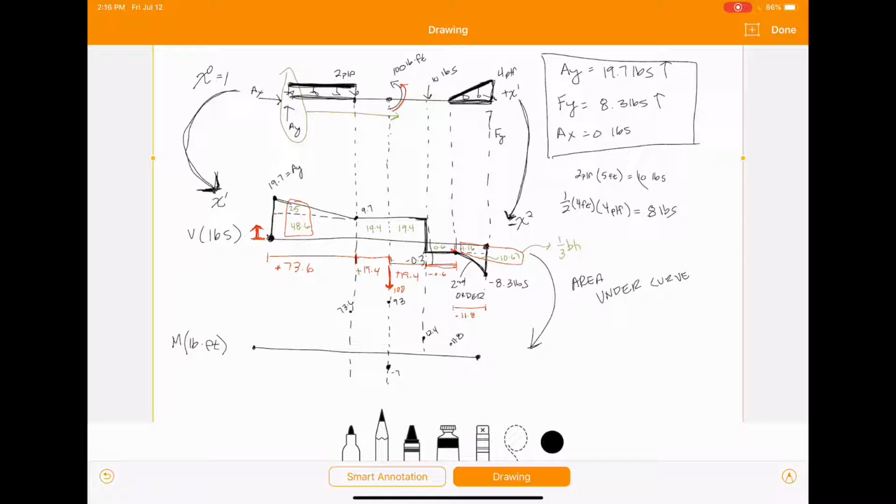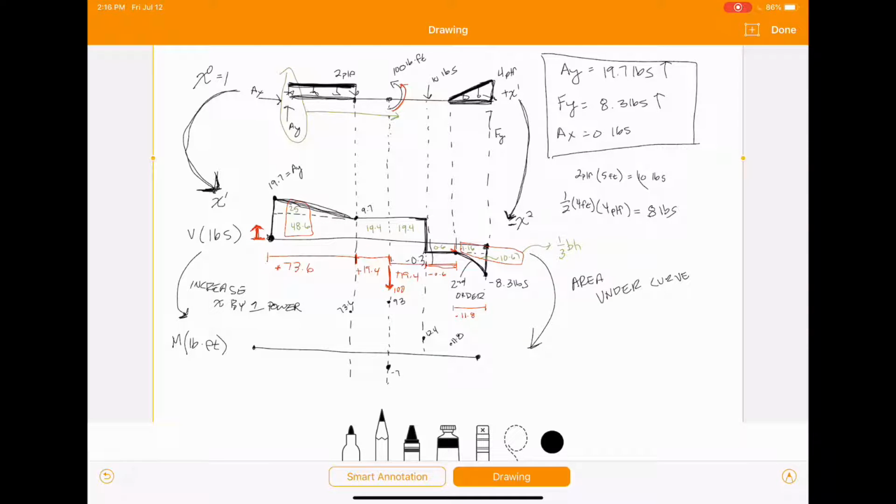Again, when you move from shear to moment, it's similar to when we moved from the loading to the shear. We're just going to increase x by 1 power. So if we look at this first section, we have a negative linear line.